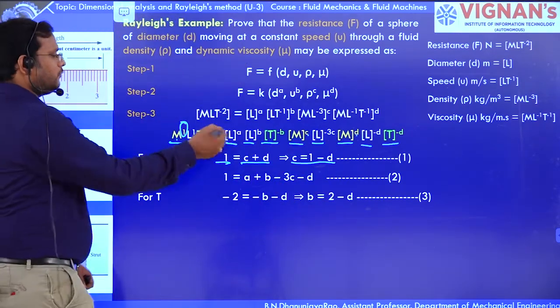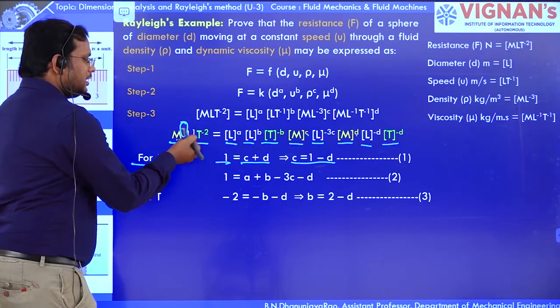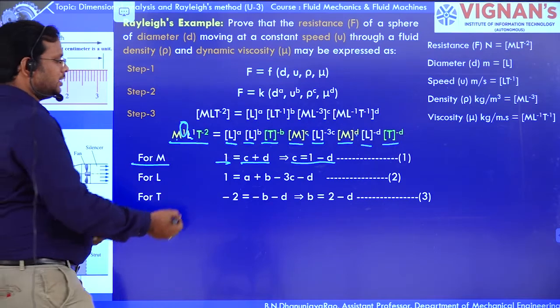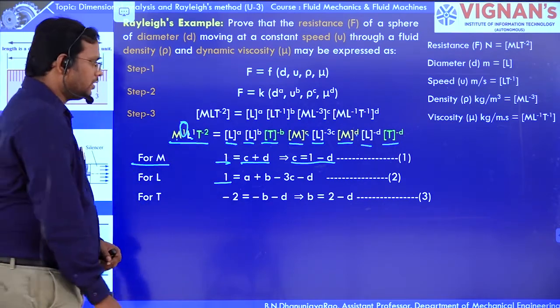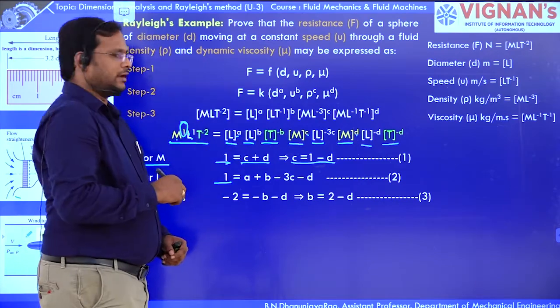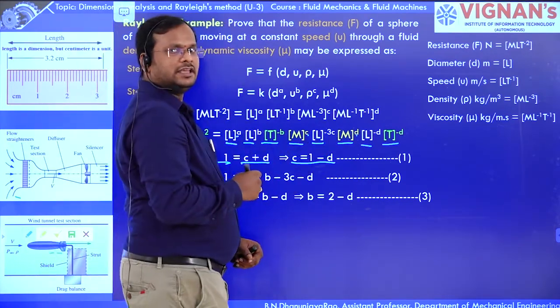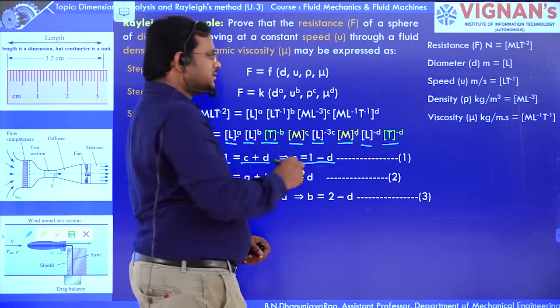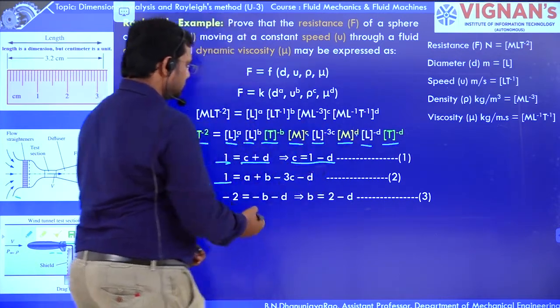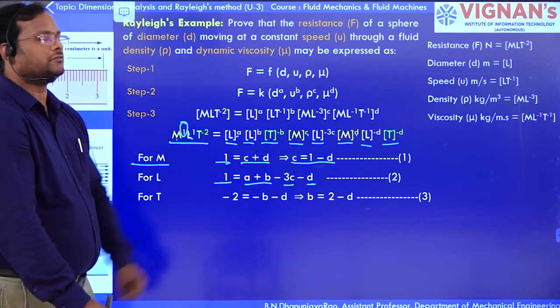Now for L, what is L here? Only 1, so 1 is equal to A plus B minus 3C minus D. There is another equation.